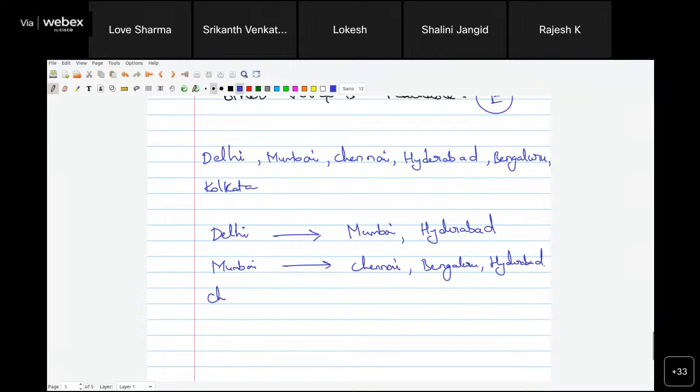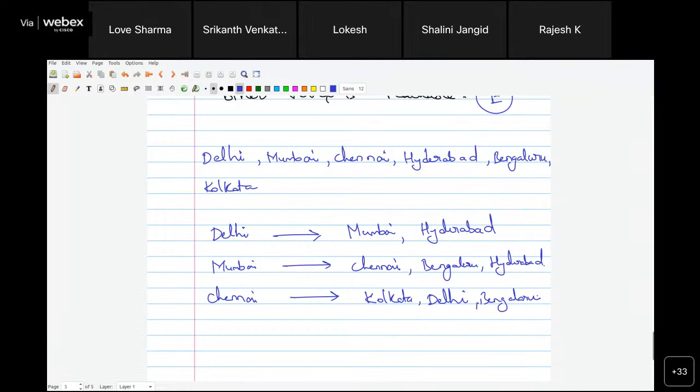And from Chennai, you have direct flights to Kolkata, Delhi, and Bangalore. Like this, some data will be given to us.